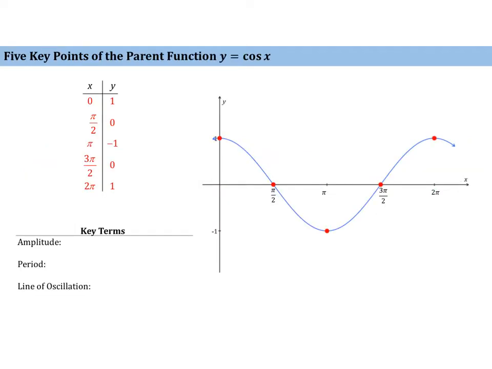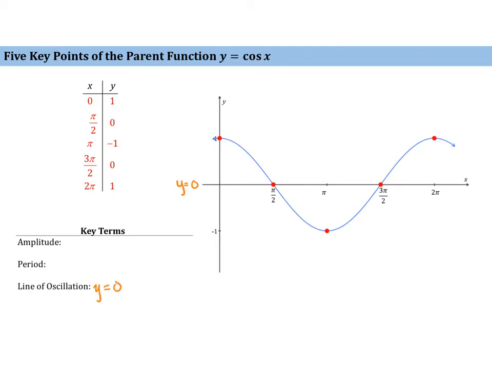So as we look at the parent function and its graph, we'll have again 5 key values, and the x values are the same as the values that we saw for the sine function, but this time the y values are different. We start with x equals 0 corresponding to a point off of the line of oscillation. And again, our line of oscillation is the x-axis, which is the equation y equals 0.